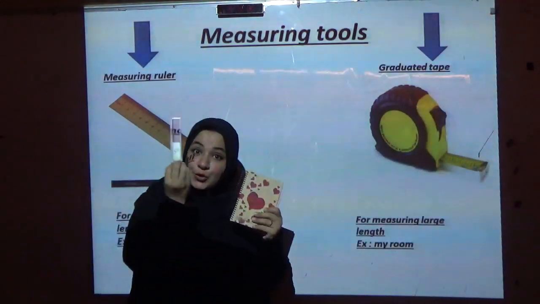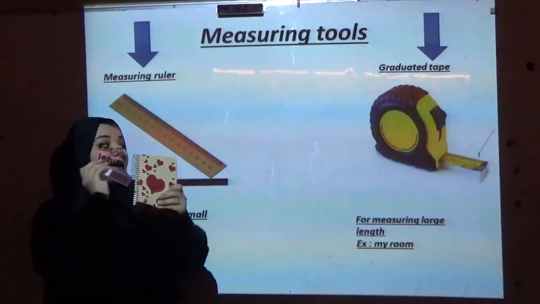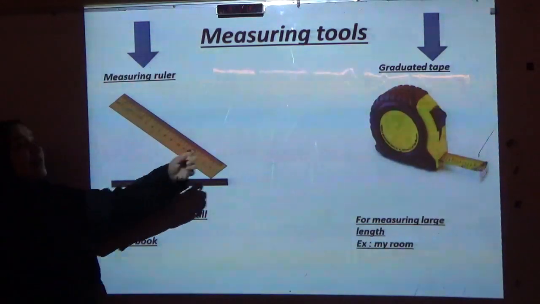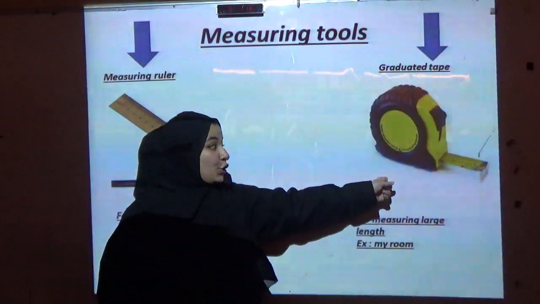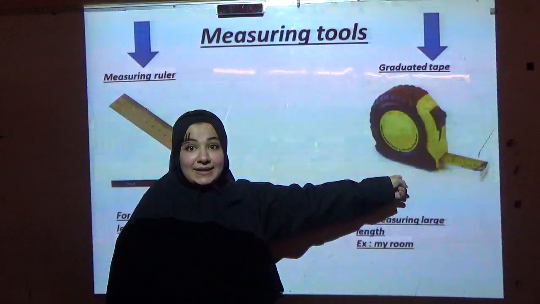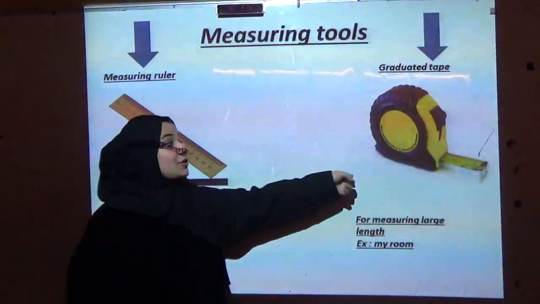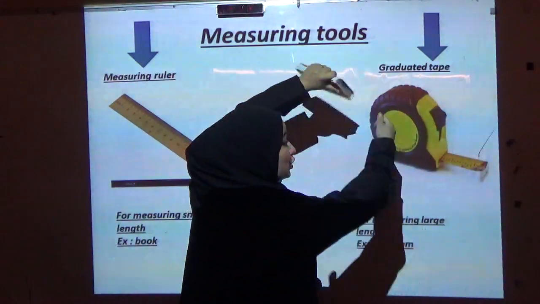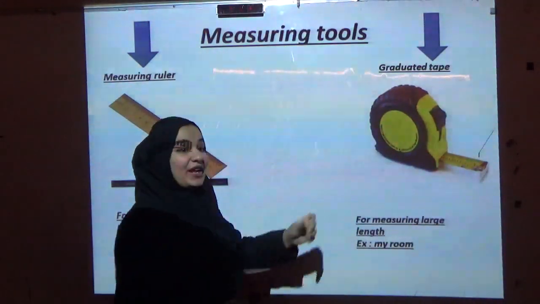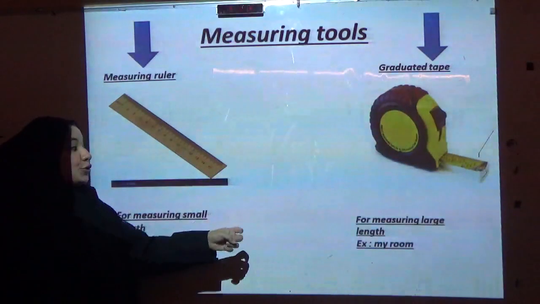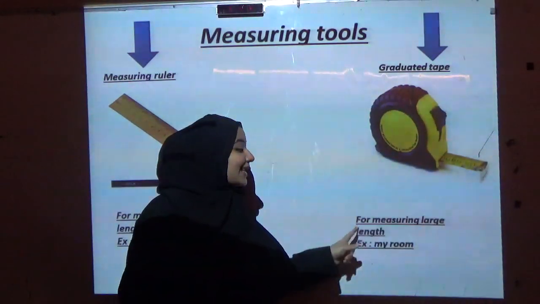But the graduated tape, we always see this graduated tape with the carpenter that comes to our home. This graduated tape is so long, so the graduated tape is used for measuring large lengths.